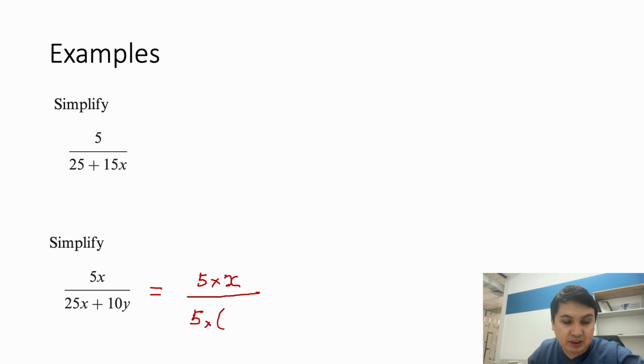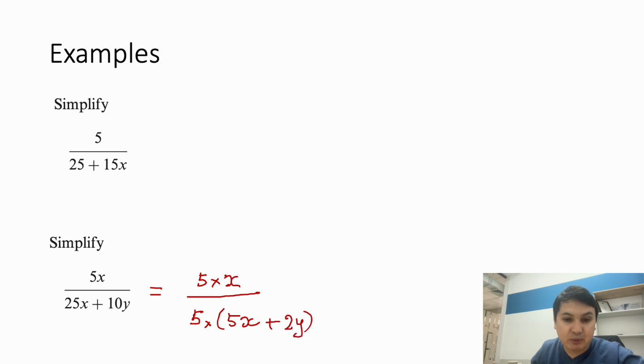Then this is multiplication. Here I have the x term plus, oh sorry, here I should not have just x, I should have 5x. And then here I have 2 times y, right?